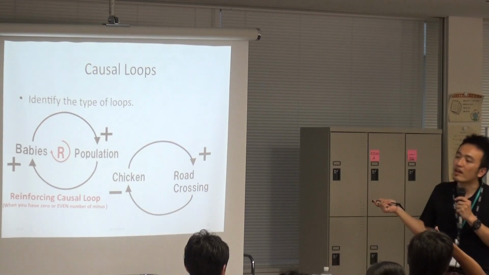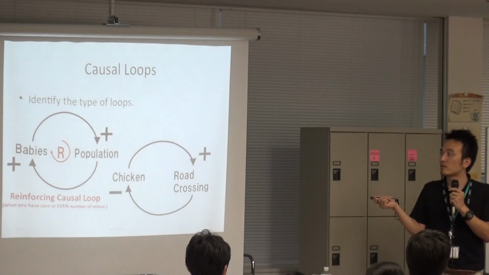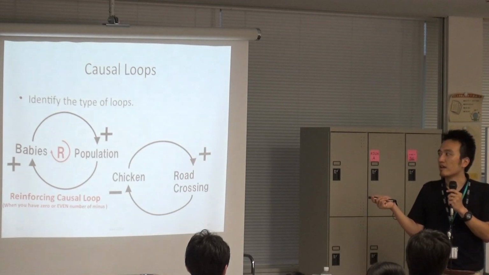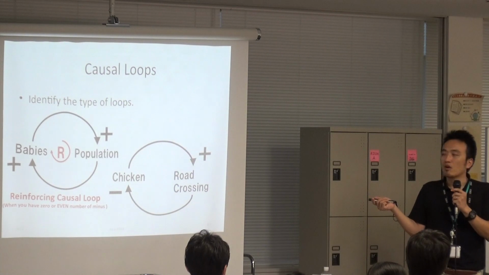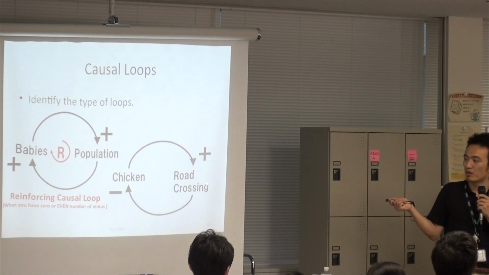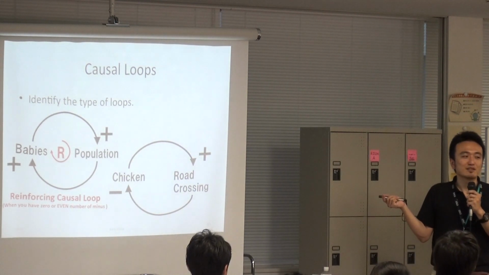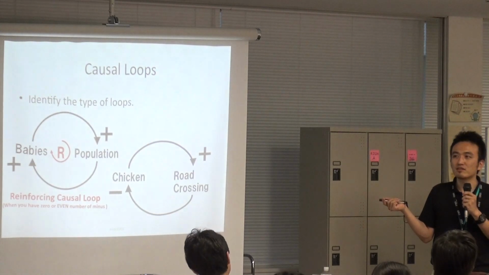Let's look at the other way around. This is the number of chickens that try to cross the road, and this is the number of chickens. When the number of chickens trying to cross the road increases, they can't, because there's traffic.